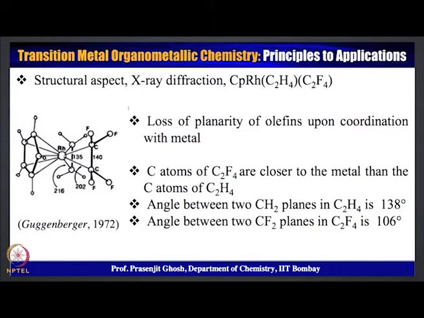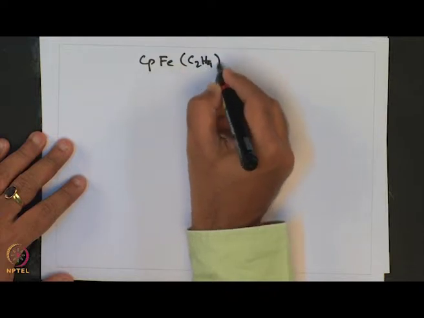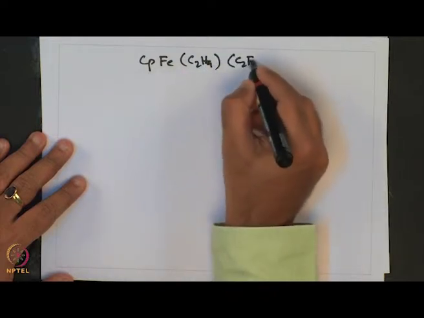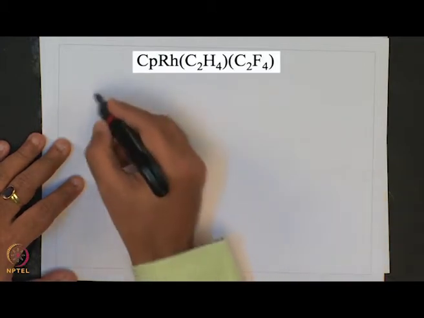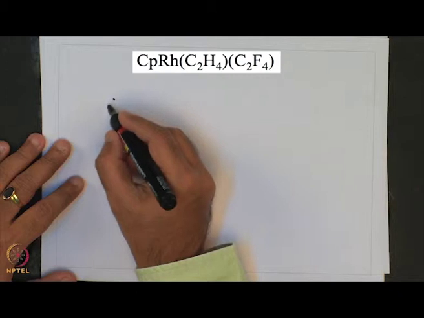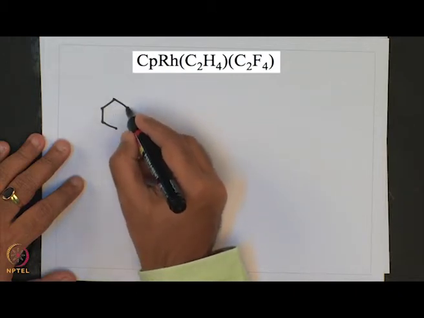Similarly, look at another example. This is for Cp rhodium, C2H4 and C2F4. So, here there are two olefins bound, one is C2H4, the other one is C2F4.